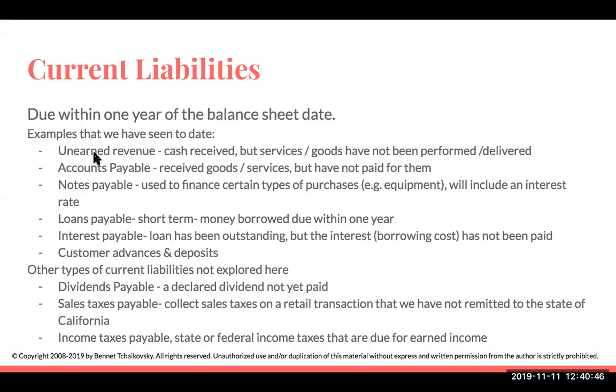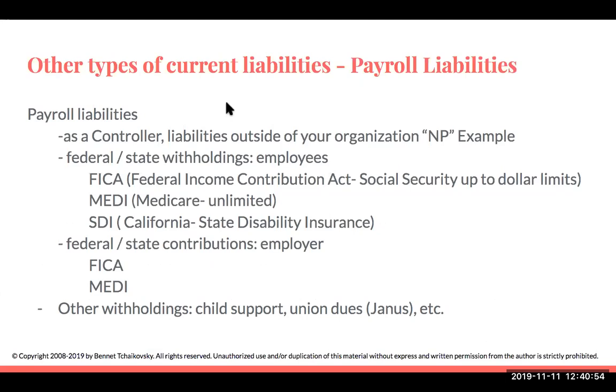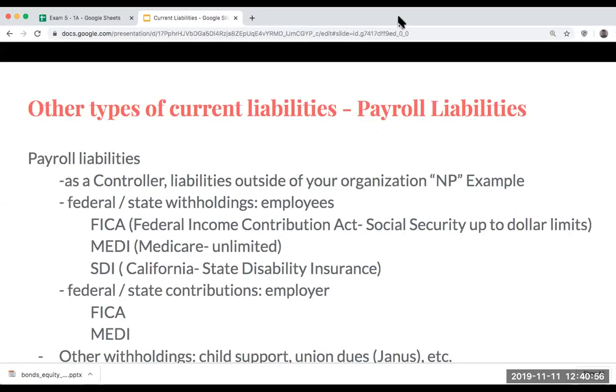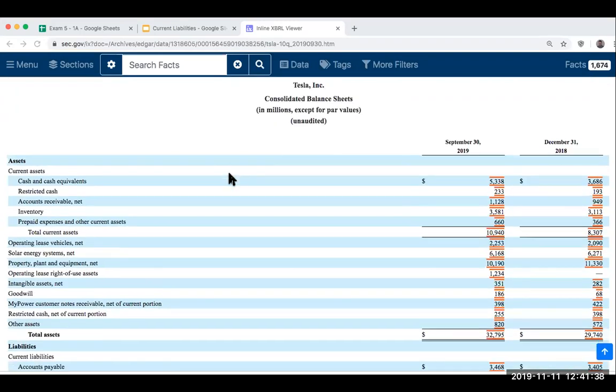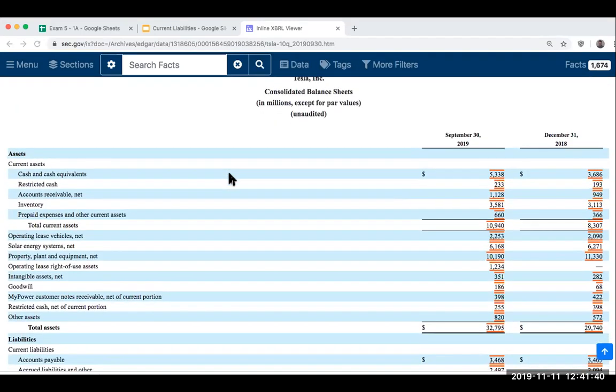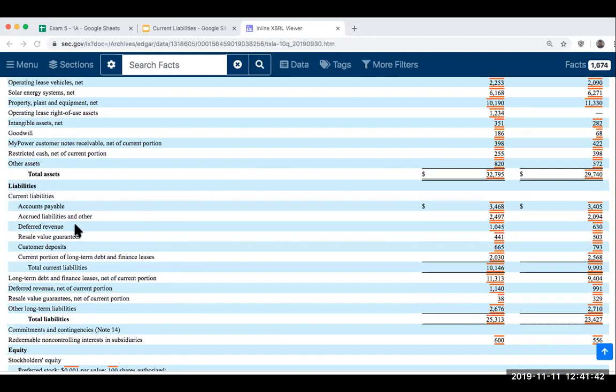So if I'm Tesla and the customers are giving me money for future cars to be delivered, let me give you an example. I'm going to pause it real quick. So here we have Tesla, and this is for their September 30th, 2019 quarterly report. They have customer deposits. Now, the $665 million is generally going to be for advances they've received for future vehicles.